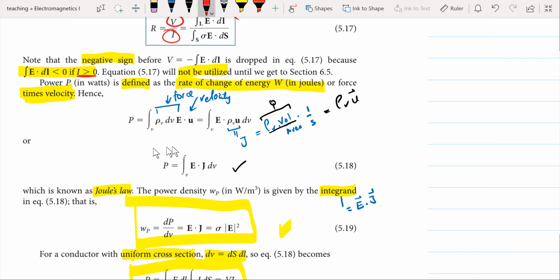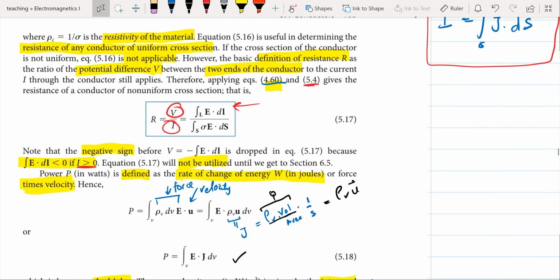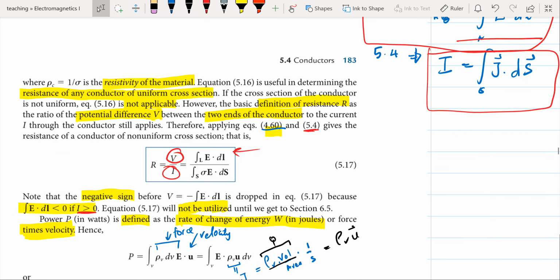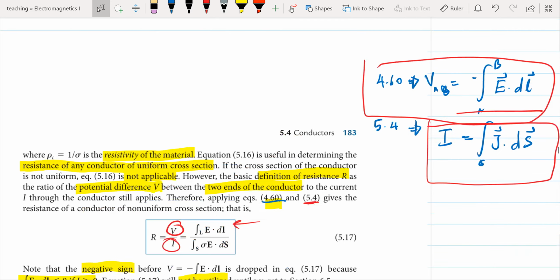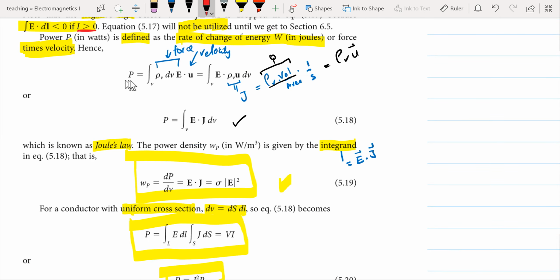And of course, we can relate that by simply saying that we can characterize the force that the electrons are experiencing in the conductor to be defined by that term, and they are moving with a velocity u.